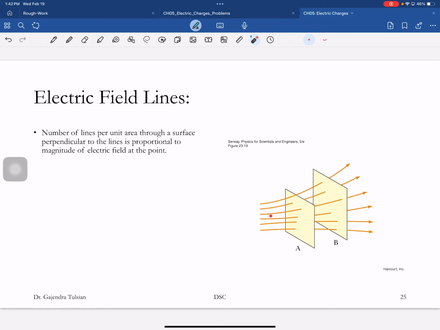When we want to indicate a stronger field, we draw more lines, so the density of lines is increased, and when you want to indicate a weaker field, the density of lines decreases. That's how we indicate weaker and stronger fields.